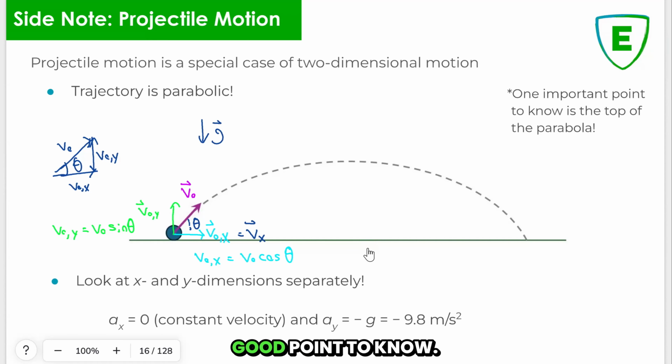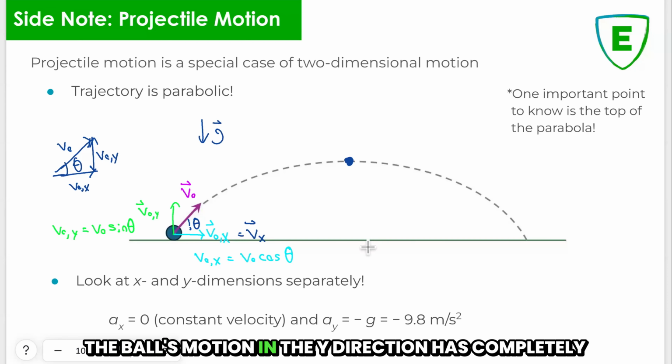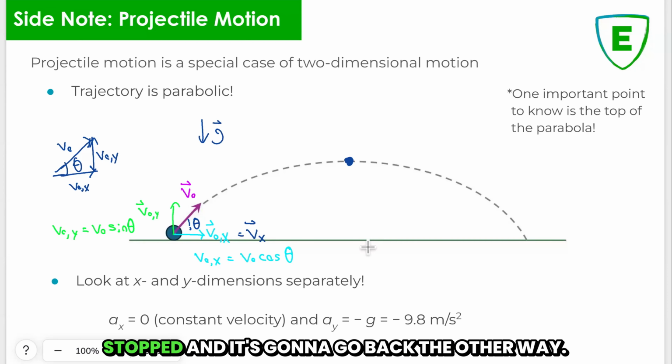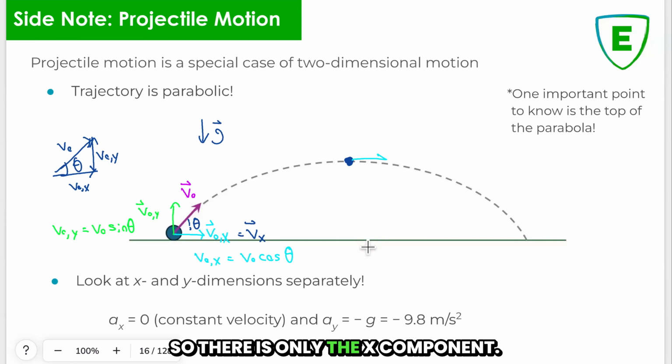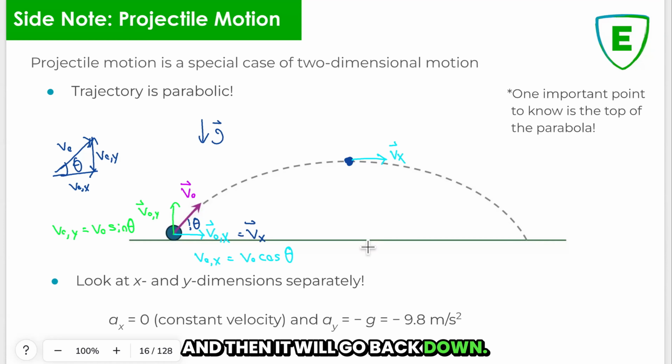Good point to know. At the top of the trajectory, the ball's motion in the y direction has completely stopped and it's going to go back the other way. So there is only the x component of the velocity at that point. And then it will go back down.